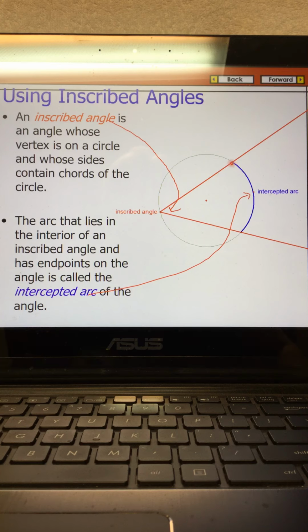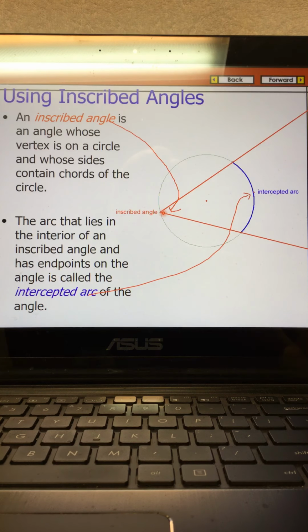Here is a chord. Here is a chord. So the vertex is on the circle and the sides contain chords of the circle. This keeps on going, so it really is a ray, but it has a portion that's called the chord.